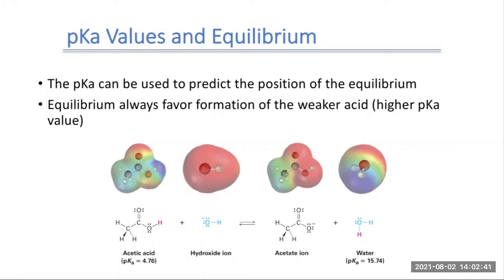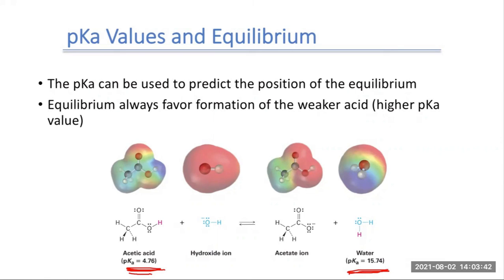In our reaction here between acetic acid and hydroxide, acetic acid has a pKa of 4.76. Our conjugate acid on the other side, water, has a pKa of 15.7. That means water is a weaker acid than acetic acid because it has a higher pKa.